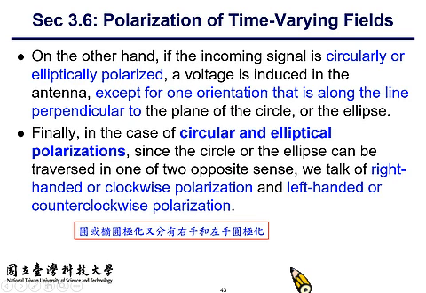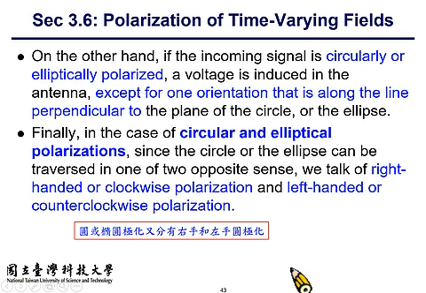There are two kinds of circular polarization. One is right-hand circular polarization, and the other is left-hand circular polarization, abbreviated as RCP for right-hand circular polarization, and LCP for the left-hand one.